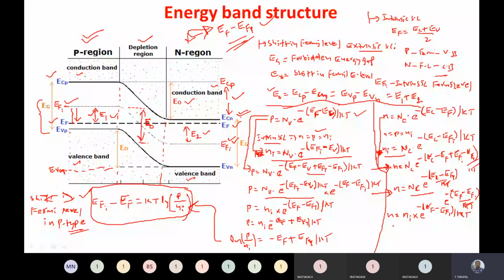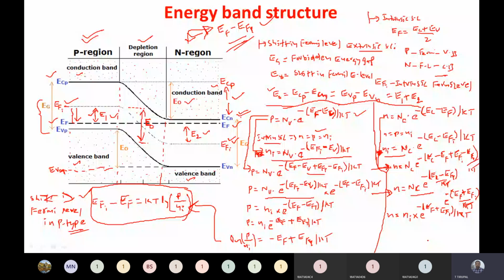Here minus of Ec minus EFI. If you take out the common minus, this is plus, this is plus, and this is plus here. So the answer is like this. You should get like this.